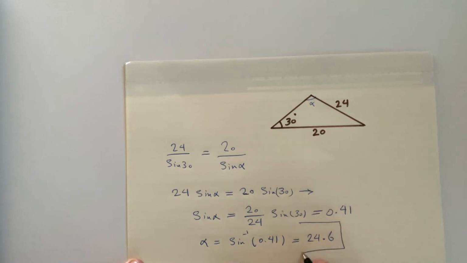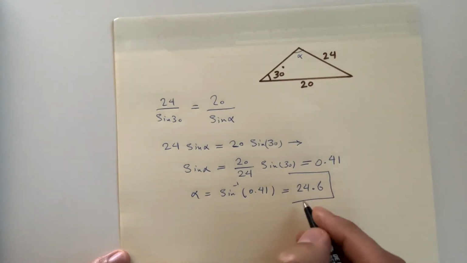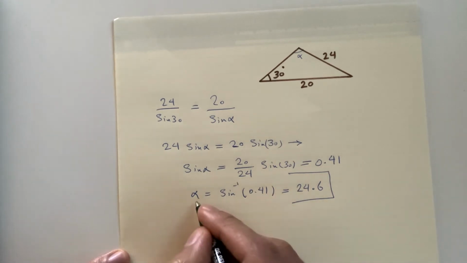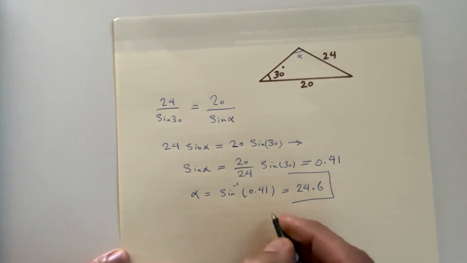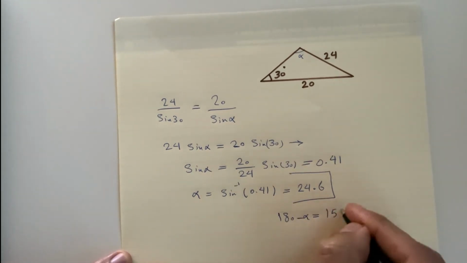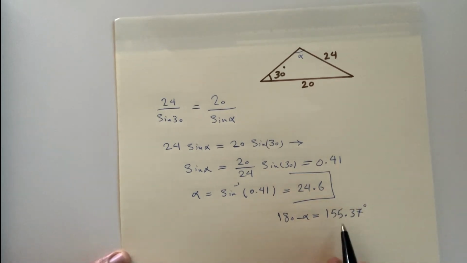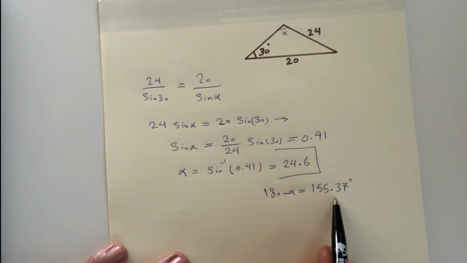So this is one solution for alpha. But now the question is, can I also consider the second solution for alpha, which will be 180 degrees minus alpha here, which is 155.37 degrees? Can alpha also be this?